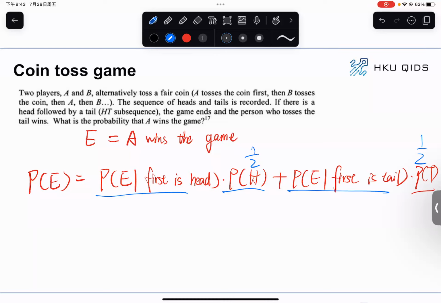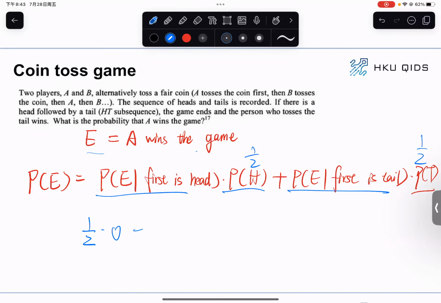So conditional on the first being head, I have already tossed the head, then there will be 1/2 probability for B to toss the tail, then B wins. So the chance of my win is going to be 0, right?